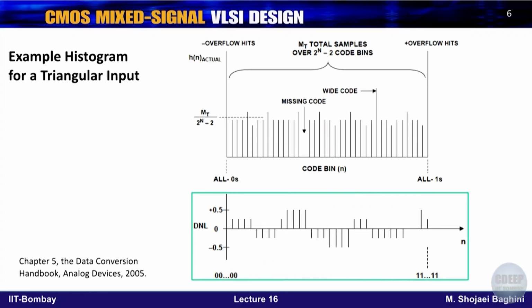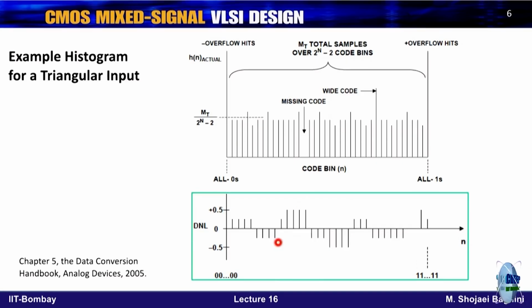With that condition, you see that on average, or ideally, the number of hits is supposed to be MT, the total number of recorded codes in the memory, divided by 2 to the power n minus 2. But some of these, the number of hits or samples per code, are more than the expected value, and some of them are below that. That is exactly correlated to the DNL, because if DNL is 0, all of them will have equal height in this histogram.